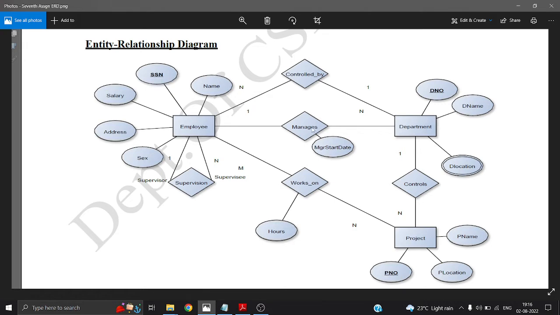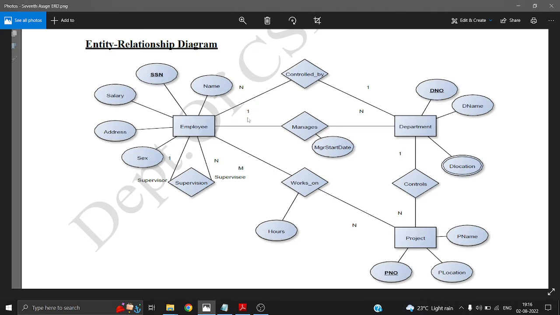I would like to make one more point clear: it all depends upon the case study or scenario for which we are designing the database. According to this case study, one employee acts as manager for more than one department, but one department is managed by only one employee.